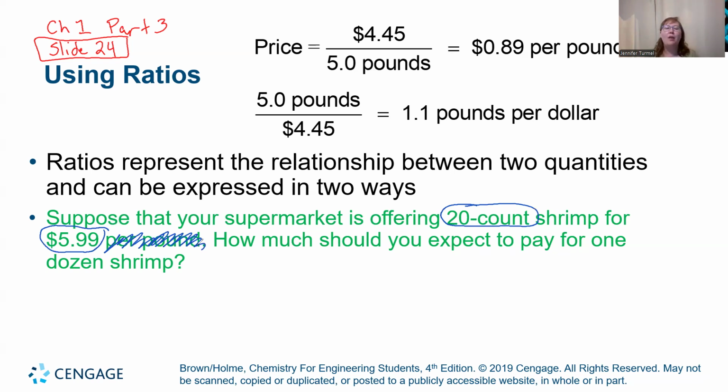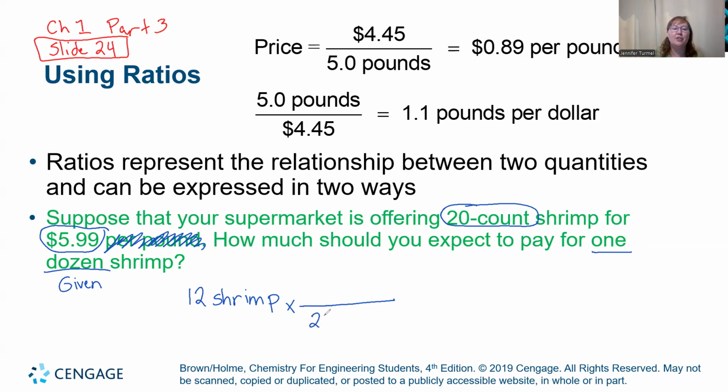So how much should you expect to pay for 1 dozen shrimp? Basically, this 1 dozen becomes your given. That means I have 12 shrimp, like this. And now I set up the same thing I did before.